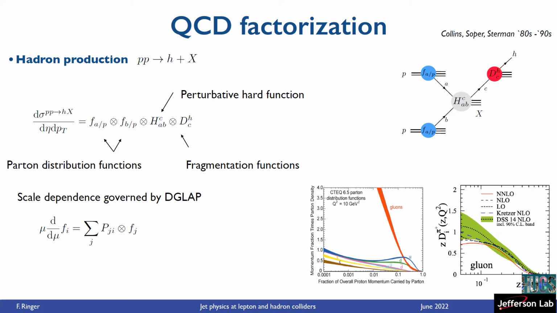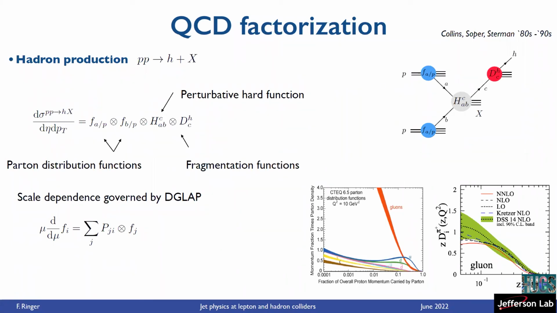We're differential in the transverse momentum of the hadron and in its rapidity. So these are the two quantities that tell us how energetic it is and its direction relative to the beam axis. We can write such a cross-section in terms of two parton distribution functions, the perturbative hard scattering pieces, and a fragmentation function.